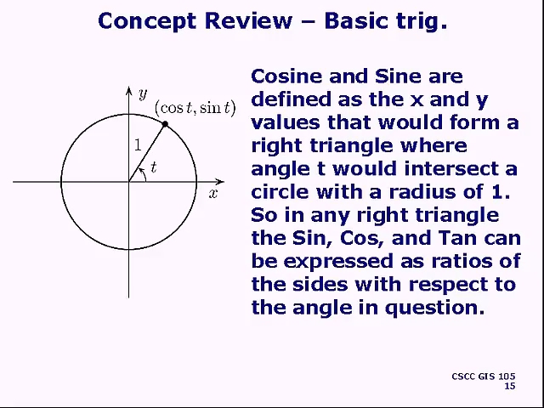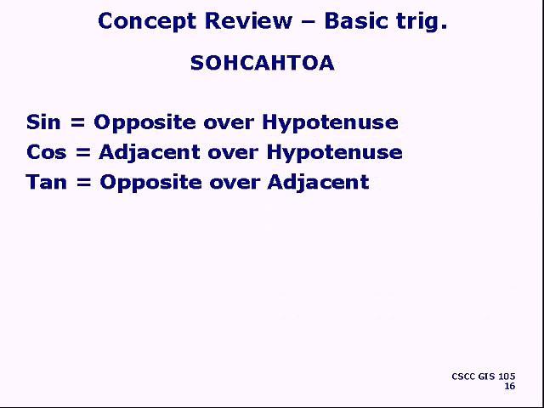So if we were to form a triangle there at angle T, from the origin you go out X, a certain number of units in X, and then you go up perpendicular, a certain number of units in Y, and you end up at that point. That ratio, X over 1, Y over 1, are the ratios that are going to hold for that triangle, no matter how big the triangle gets.